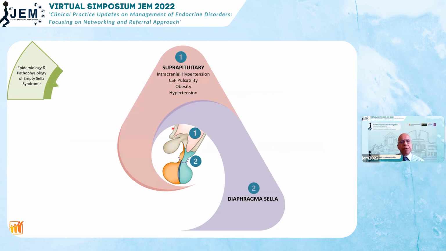At the diaphragm level itself, we can think in terms of congenital defects, the most likely cause for primary empty sella, trauma, and pathologies, anything that's infiltrating and causing problems in the sella.